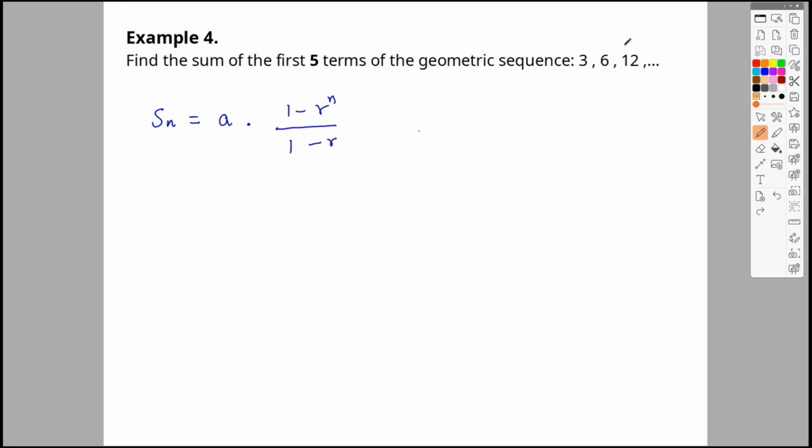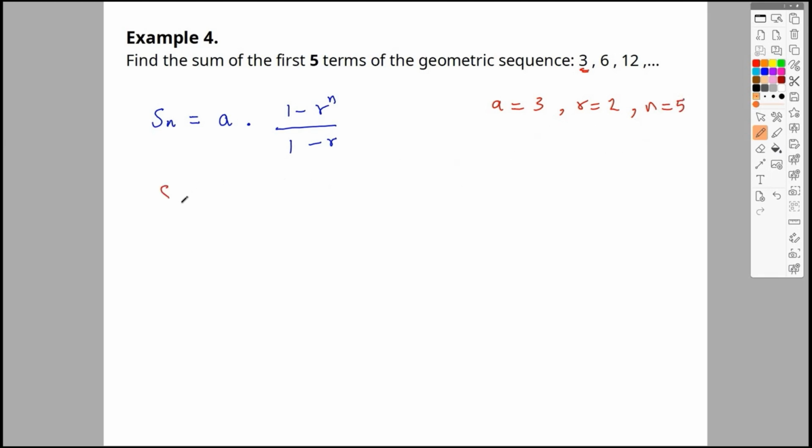The first term is 3, that means a equals 3. r is the common ratio, so 3 times 2 equals 6, and 6 times 2 equals 12. That means r equals 2. And finally, we need to find the sum of the first 5 terms, that means n equals 5. So let's substitute the values here.